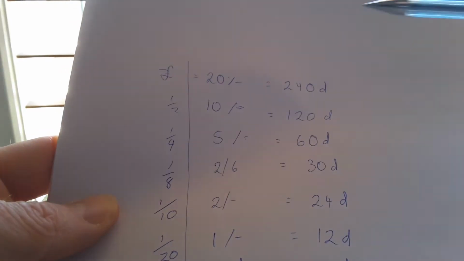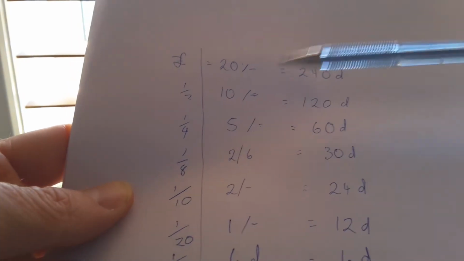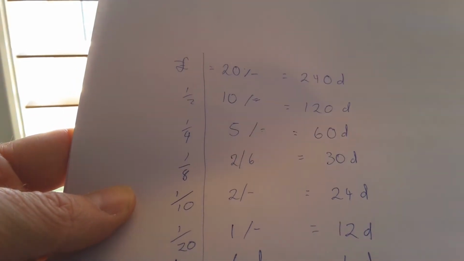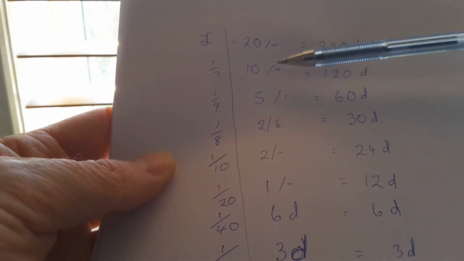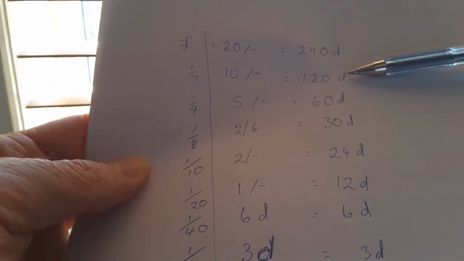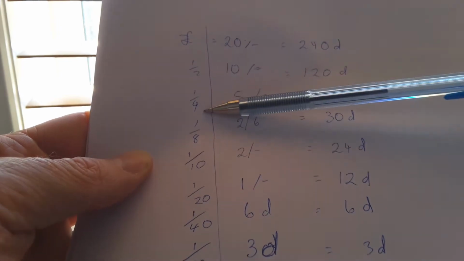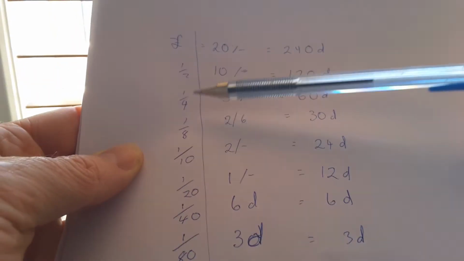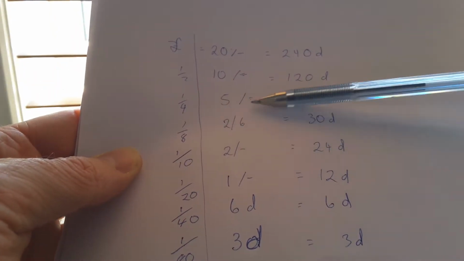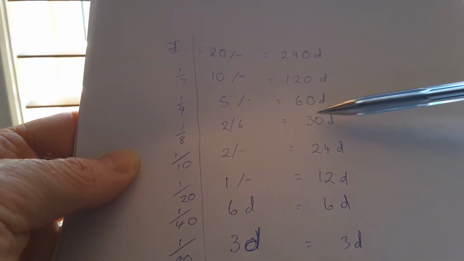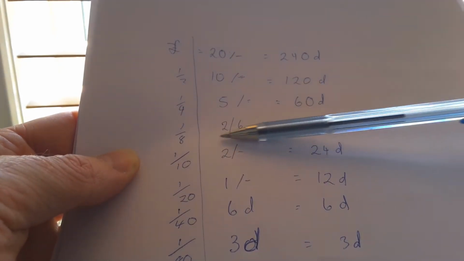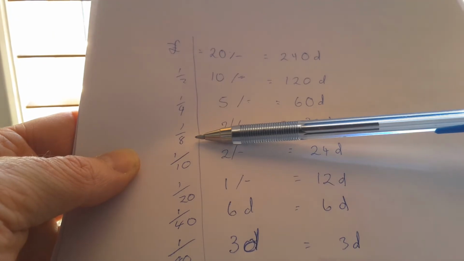Here I have it simplified in graph form. £1 equals 20 shillings equals 240 pence. Half a pound equals 10 shillings equals 120 pence. 1 crown equals a quarter of a pound equals 5 shillings equals 60 pence. 2 and 6 pence is 1/8 of a pound equals 30 pence.